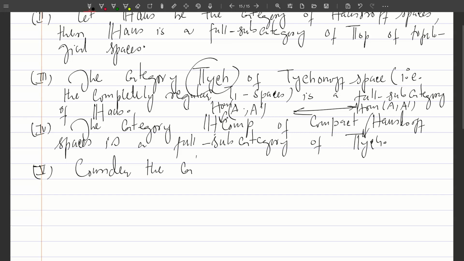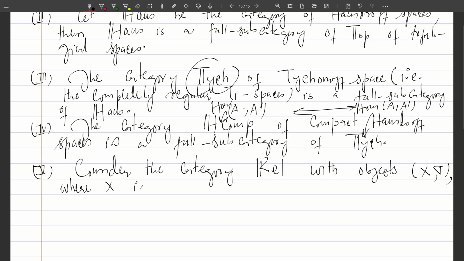Consider the category, let us call it REL, in which the objects are pairs (X, sigma), where X is any set and sigma is a binary relation on X.